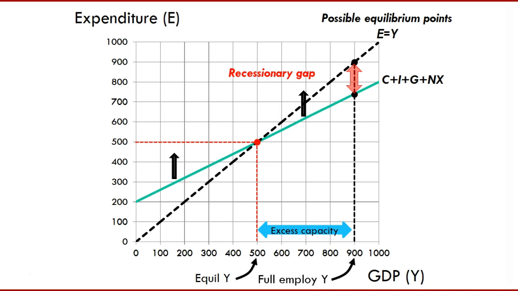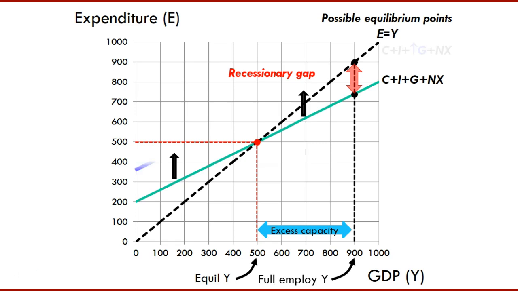Can we expect our export partners to autonomously increase their export expenditure in order to boost our economy? Of course not. That leaves only G, government expenditure.